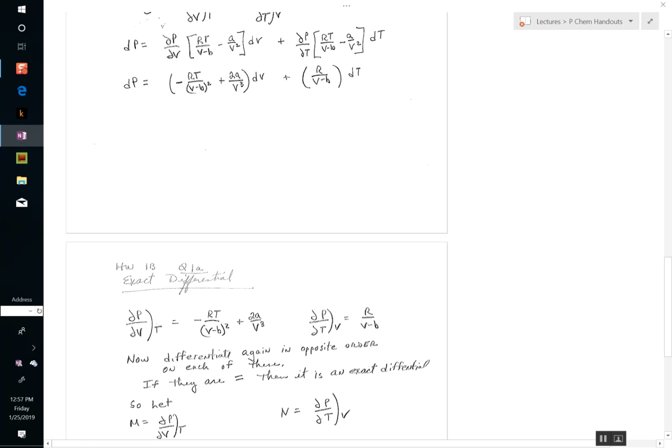So now differentiate this with respect to T at constant v. Go ahead and differentiate that thing with respect to temperature at constant volume, and then differentiate this thing with respect to volume at constant temperature.